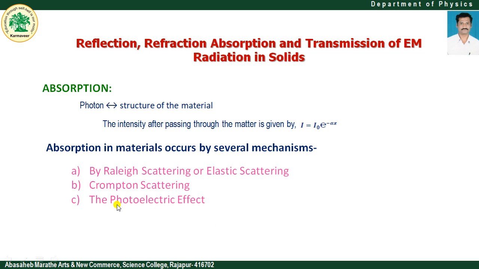Again, the third mechanism is nothing but the photoelectric effect. This effect occurs when the energy of the photon is fully absorbed and results in the ejection of an electron from an atom. The atom therefore gets ionized.